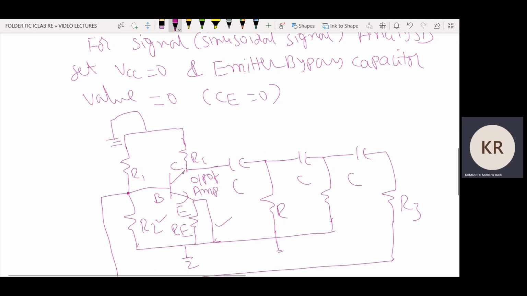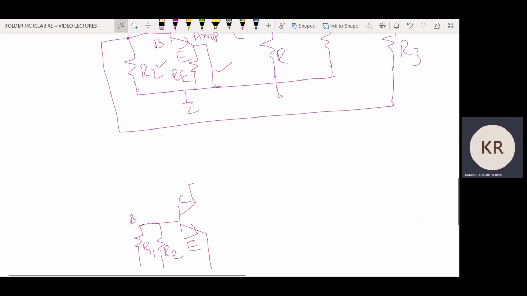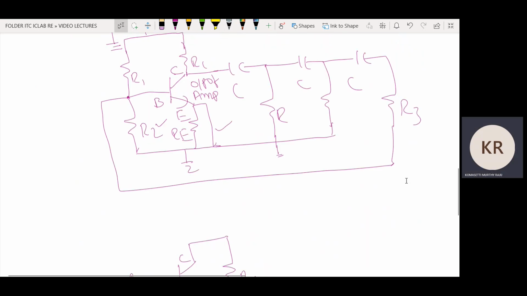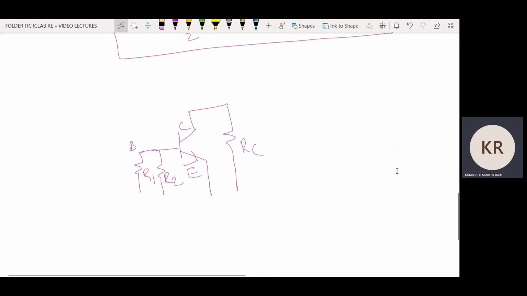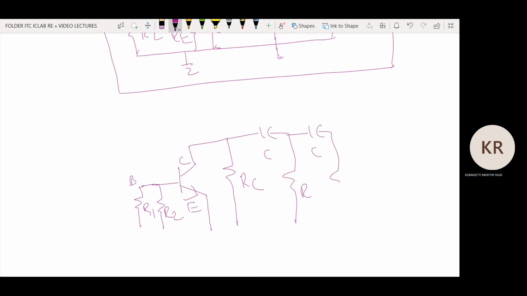That RC value is connected between C and ground. Okay, the remaining circuit is as it is: C, R, C, R, last one is C and R3.